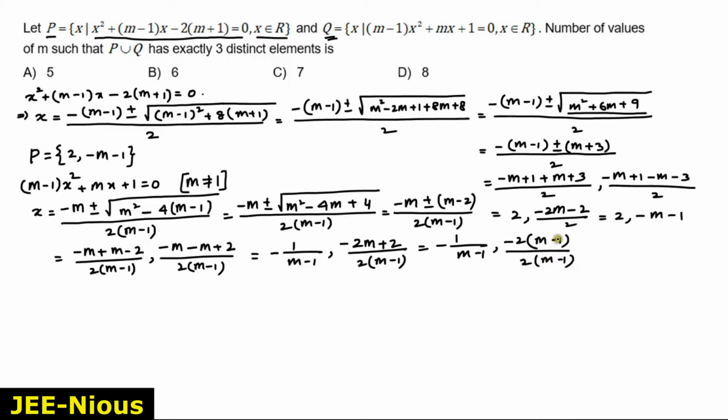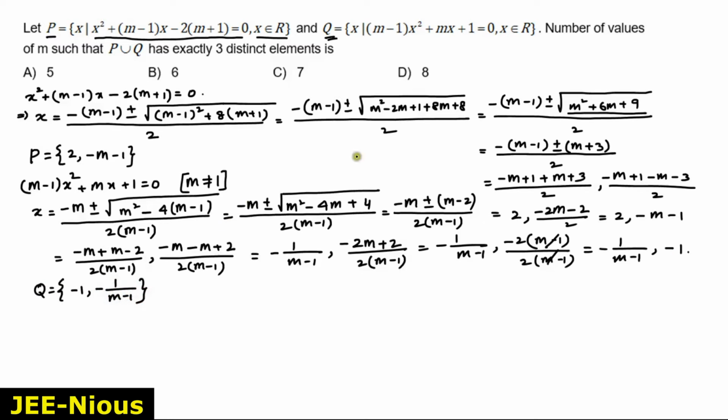As m minus 1 is not equal to 0, we can cancel it. So we are having the two roots as minus 1 and minus 1 by m minus 1. So these are the elements of set Q. What are the elements? It's minus 1 and minus 1 by m minus 1.